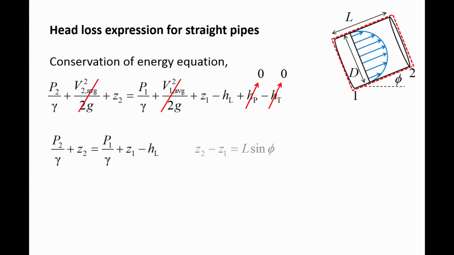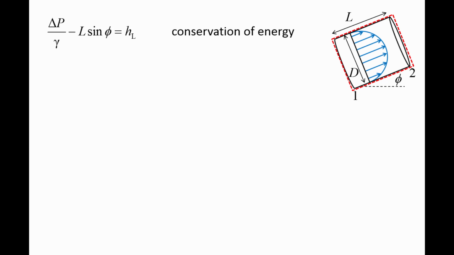The change in elevation is equal to L sine phi, and we label the change in pressure as delta P. Substituting these expressions into the conservation of energy equation gives us delta P over gamma minus L sine phi equals the head loss. We move the equation to the top of the screen and continue.